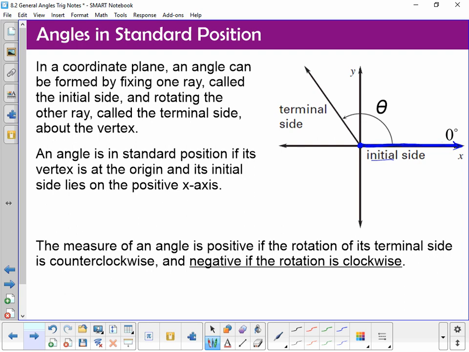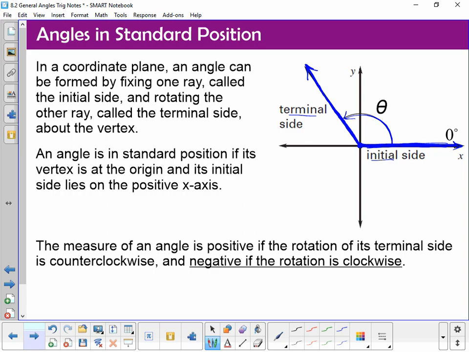Initial is like the beginning. And we're going to rotate that angle, because an angle is a rotation. We'll rotate it to here, and the side where that rotation stops is going to be called the terminal side. All of our angles in standard position are going to be starting on this initial side on the positive x-axis.